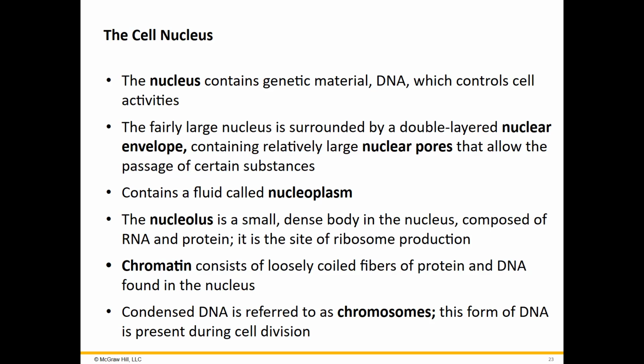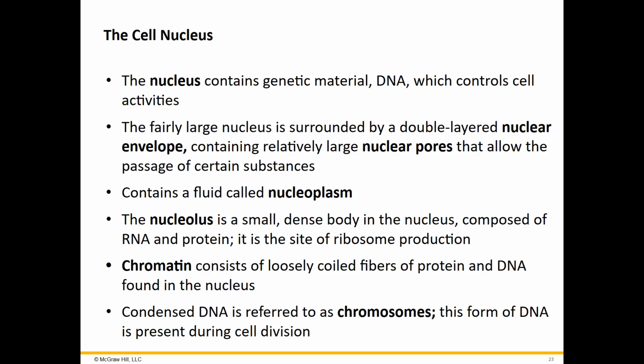It's wrapped in a nuclear envelope and has nuclear pores so things can get in and out, and the fluid inside the nucleus is the nucleoplasm. Additionally, we need a center for the RNA. Inside the nucleus, we also have a nucleolus, where RNA and protein are composed, and that is also where ribosomes are created.